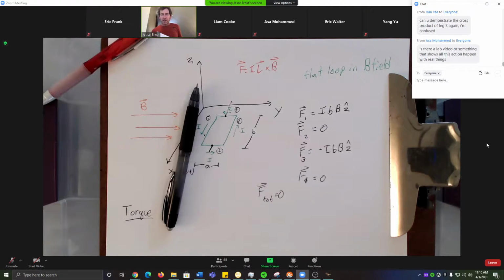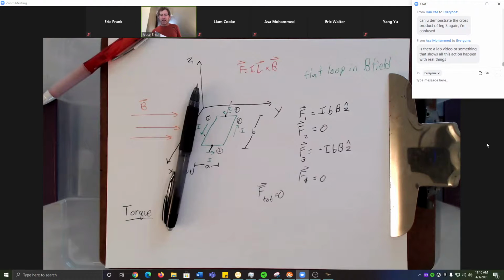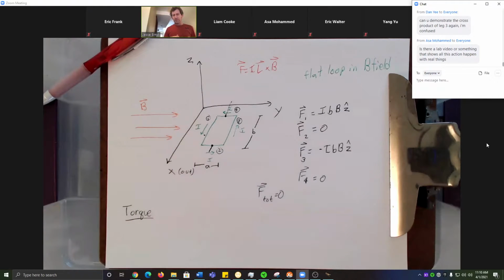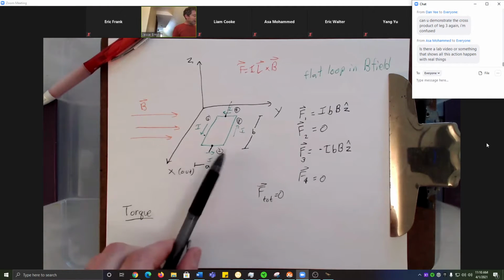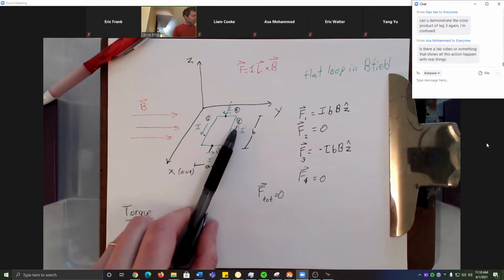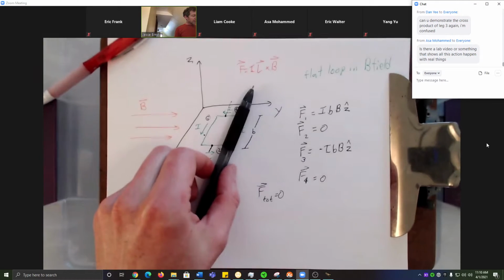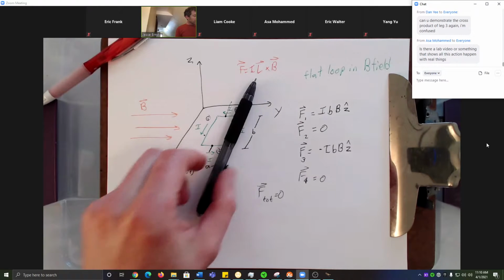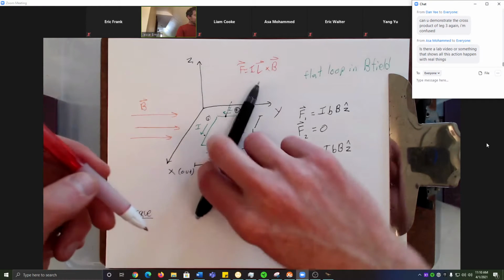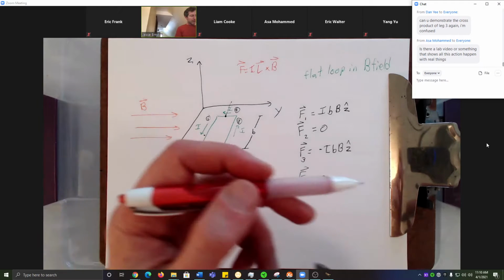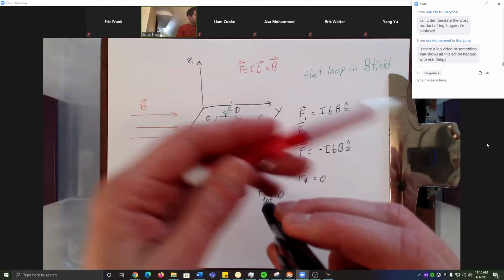Is there a lab video or something that shows all this action happen with real things? Yeah, you can probably find torque on a loop of wire. The cross product on leg 3 again: on leg 3, the current is in the minus X direction, so the current is into the page, and B is this way, right?